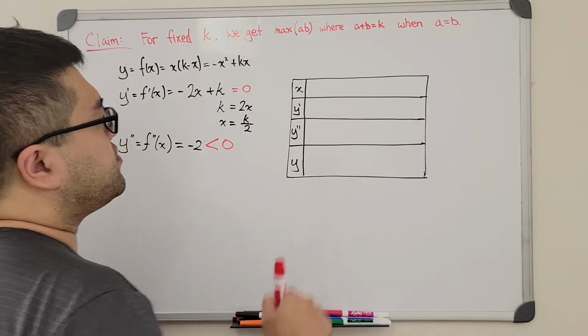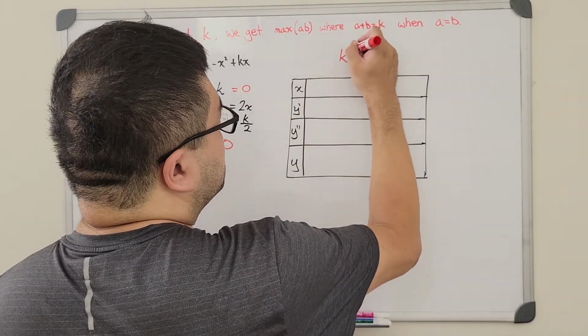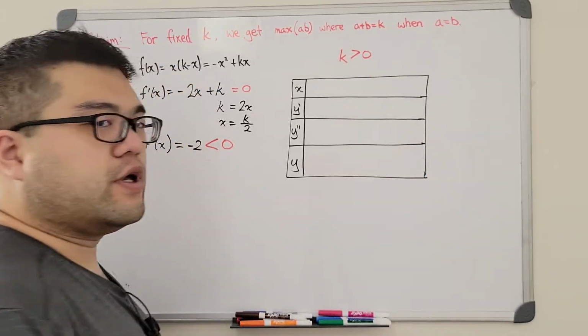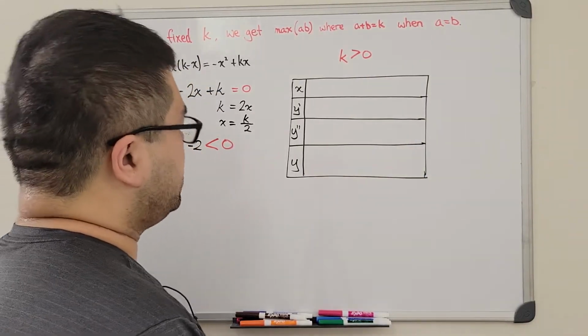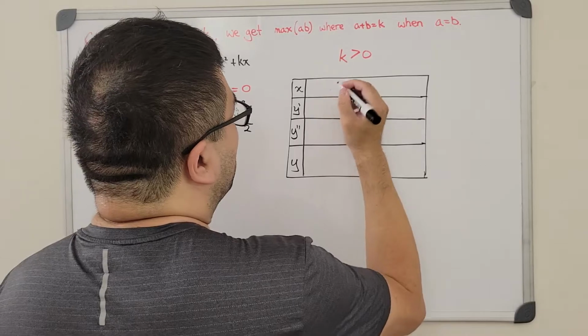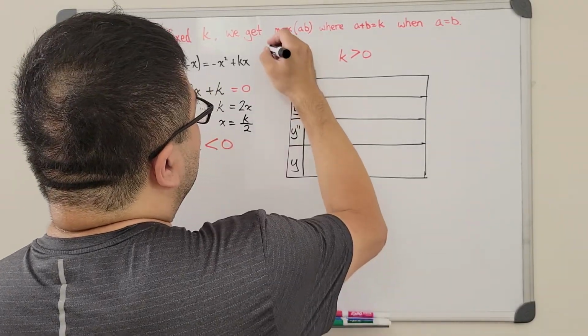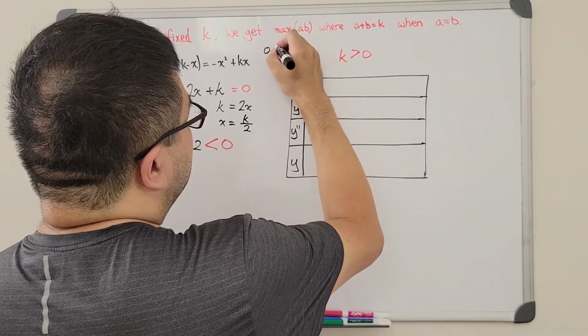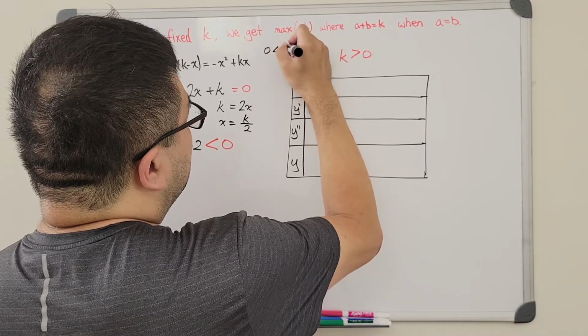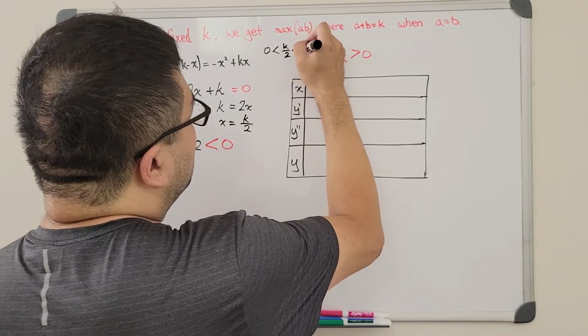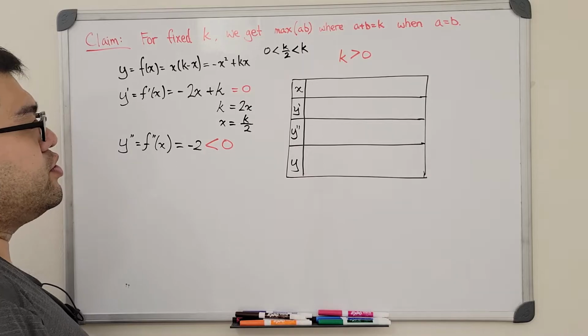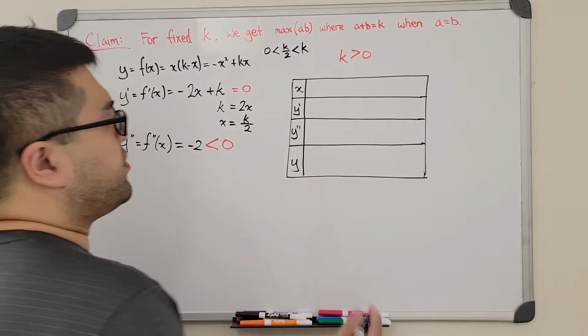First, we will assume that k is greater than 0. And I'll talk about a third case separately later on. So when k is greater than 0, we see that between 0, k over 2, and k, k will be the largest, and 0 will be the smallest value.